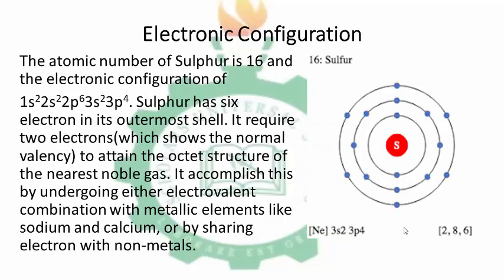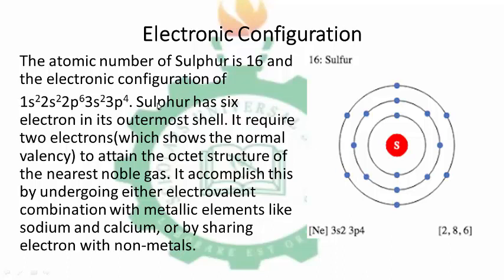The electronic configuration of sulfur. The atomic number of sulfur is 16, and the electronic configuration, as you can see here, is 1s2, 2s2, 2p6, 3s2, 3p4. That means sulfur has 3 shells, as you can see in this diagram: the first shell, the second shell, and the third shell.